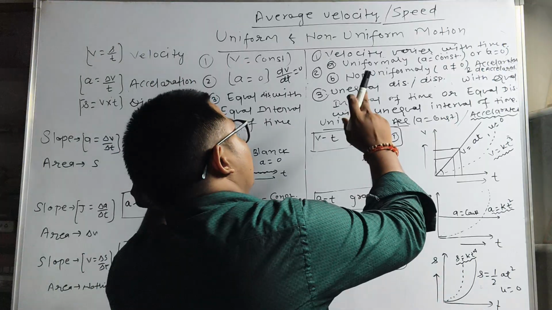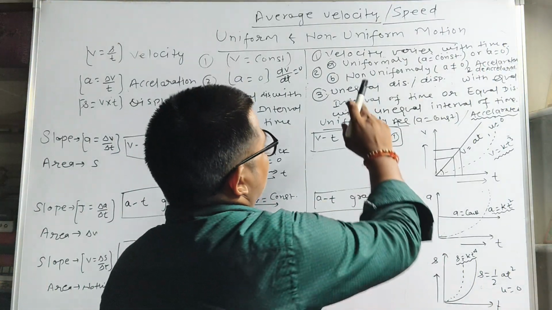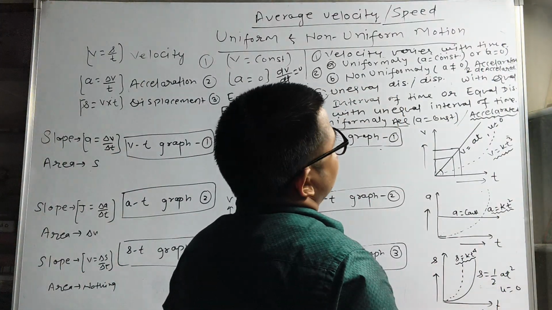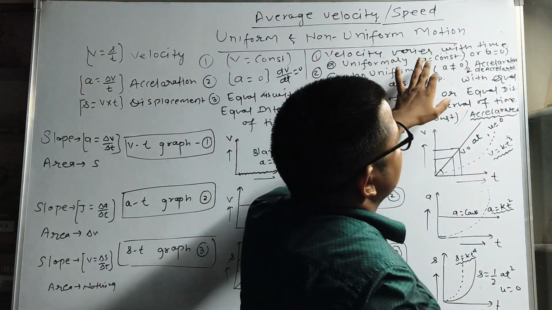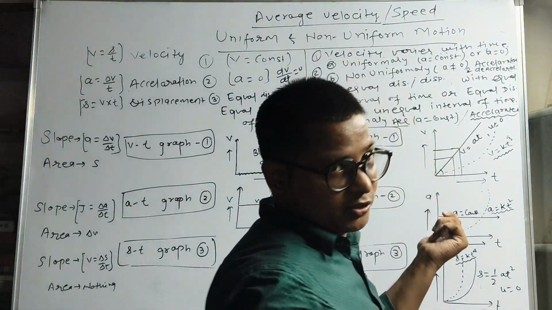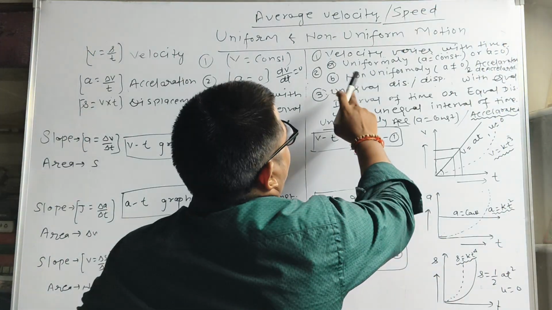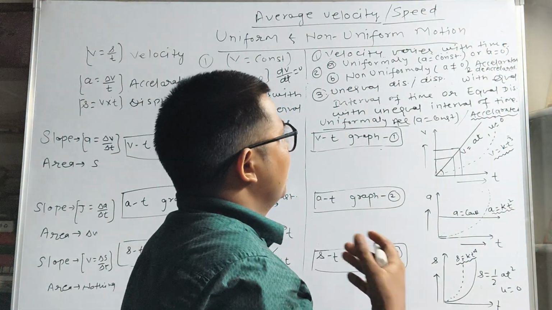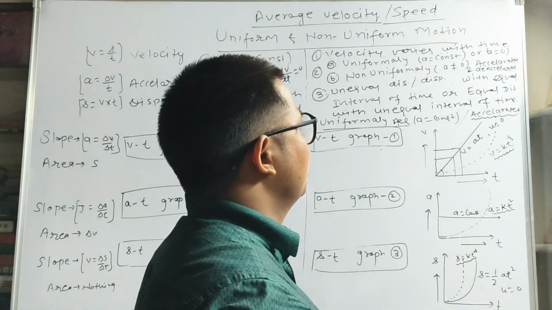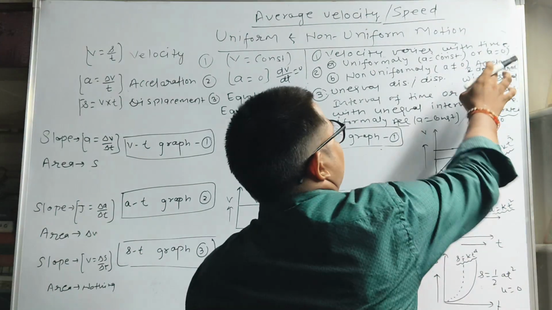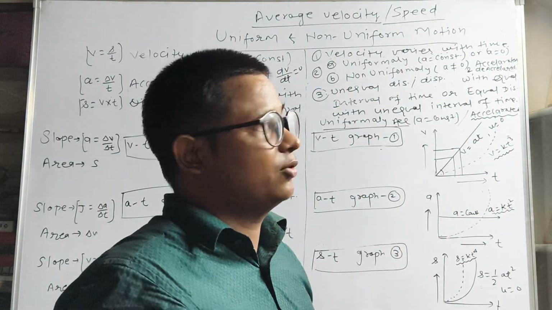If you talk about non-uniform motion, in this type of motion velocity varies with respect to time. First, if velocity varies uniformly, that means acceleration is constant. Second, if velocity varies non-uniformly, that means acceleration is not fixed. Sometimes it is accelerated, sometimes deaccelerated, meaning the body slows down.